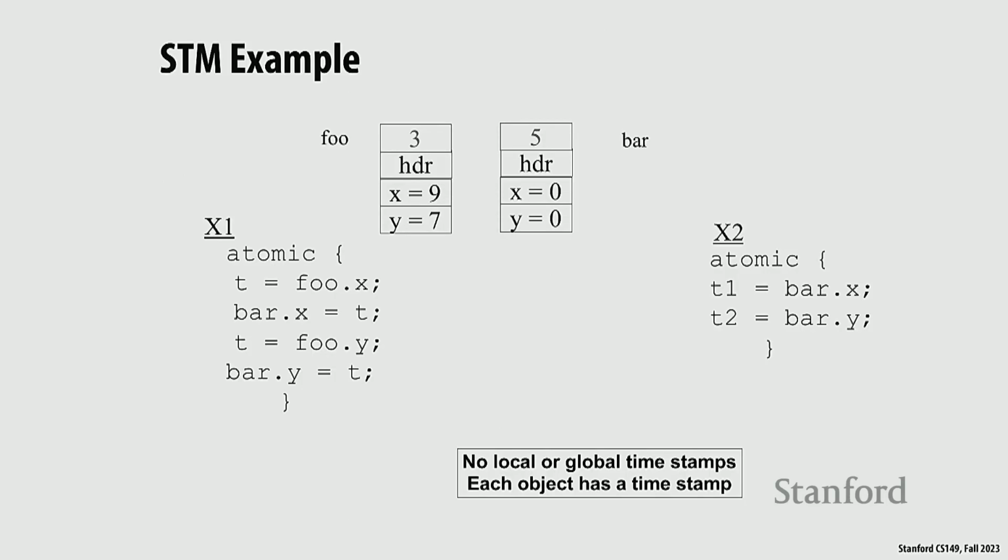So we start by executing the first read of foo, the X element of foo, right? And so this needs to go into the read set. So it goes into the read set as foo, and the timestamp is 3, right? So the idea is that there are no local or global timestamps here.